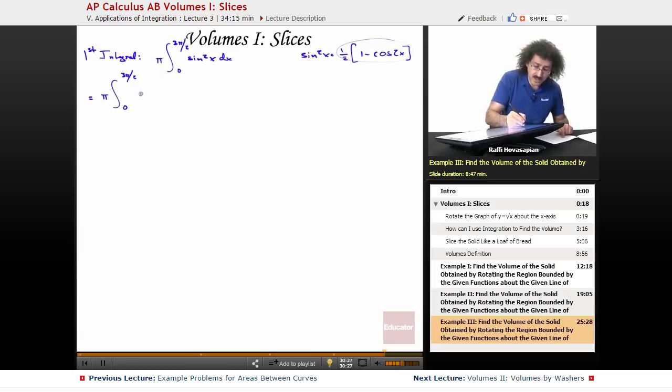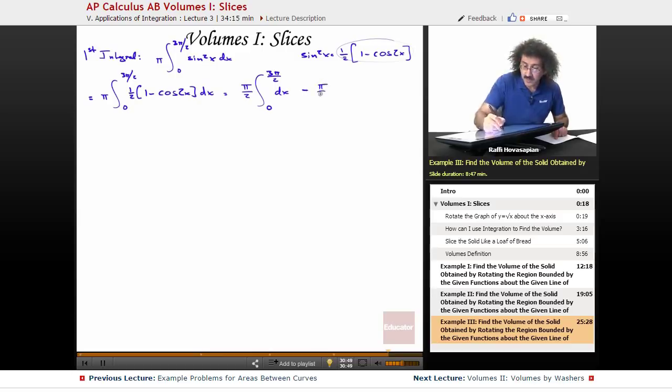So it's going to be pi times 1/2 times (1 minus cosine of 2x) dx, which is equal to pi over 2. I'm going to pull the 1/2 out. The integral from 0 to 3 pi over 2 of dx. I'm going to separate these out. Minus pi over 2 times the integral from 0 to 3 pi over 2 of cosine 2x dx.